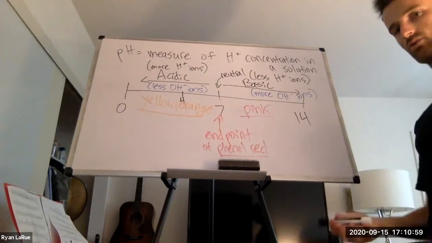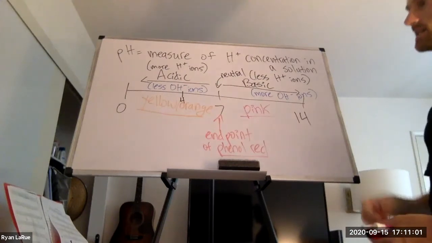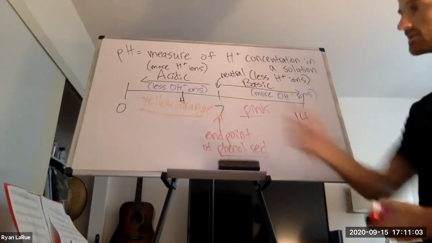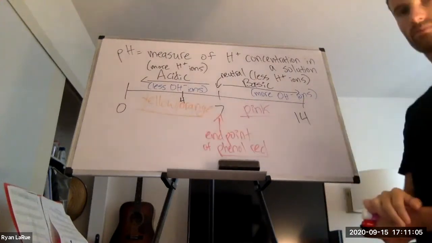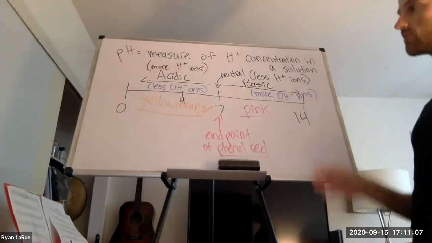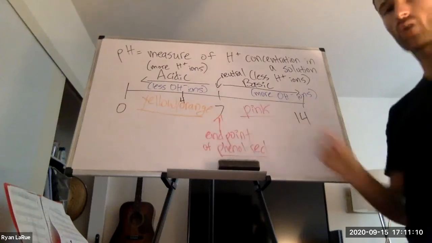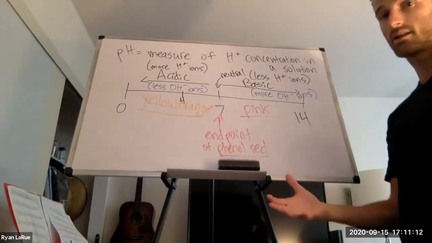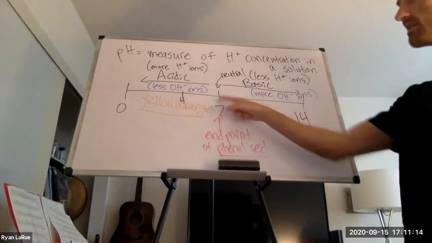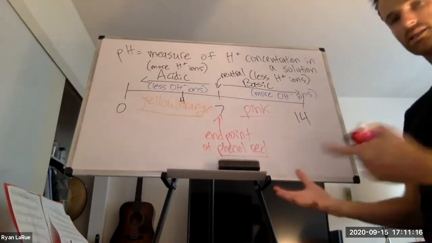What we're going to do is add base dropwise, by drops. The reason is because we want to determine how many drops it takes to raise the pH to our endpoint. Why is it an endpoint?